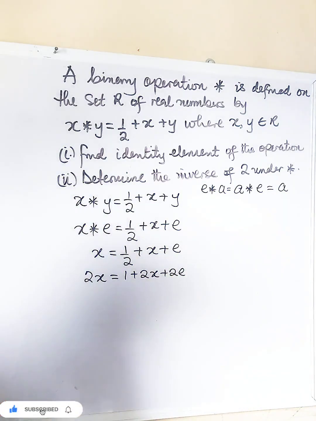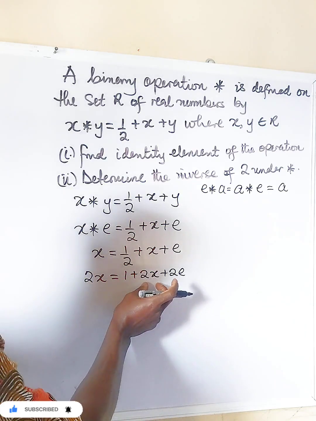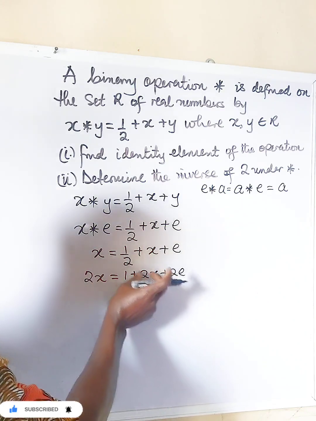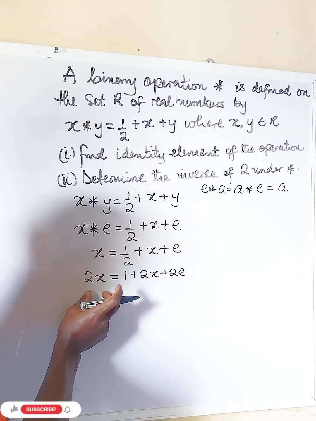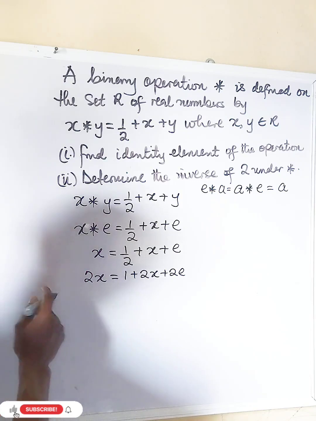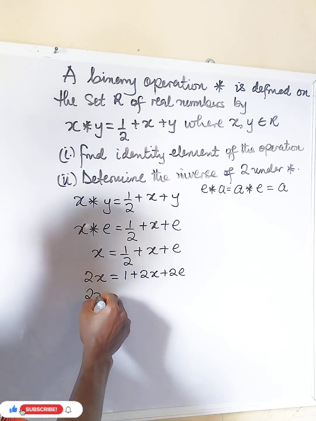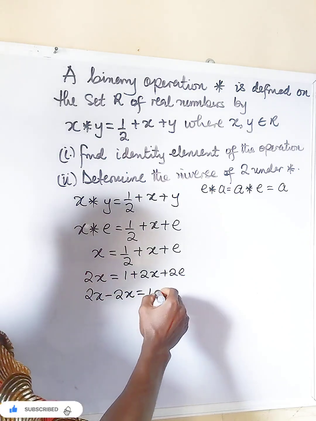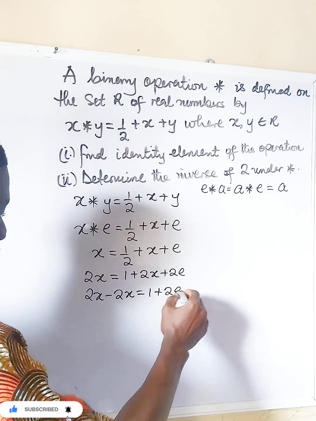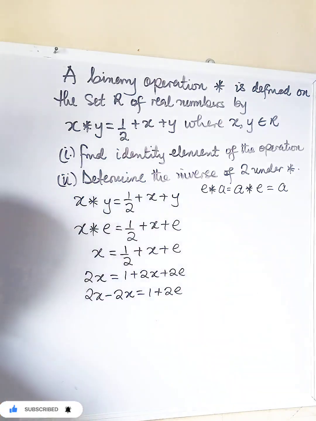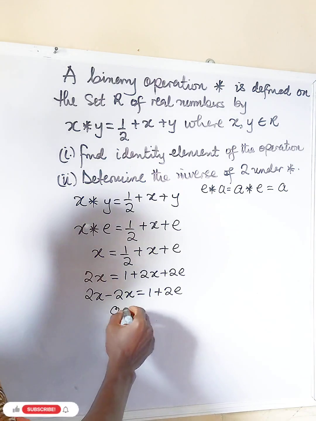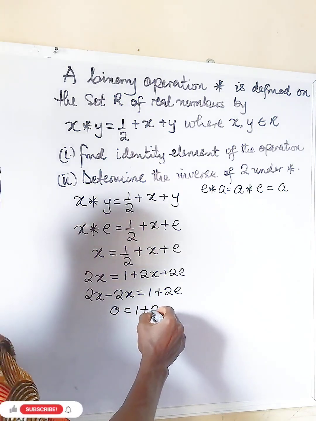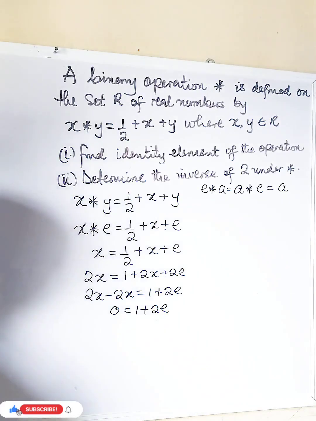Okay, so let's bring the 2x over to this side, collecting like terms. We have 2x minus 2x, then equals 1 plus 2e. So here we have 0 equals 1 plus 2e. Let us subtract 1 from both sides.